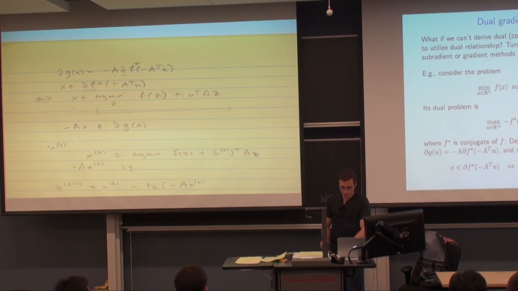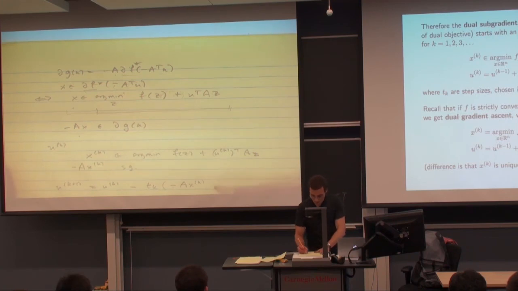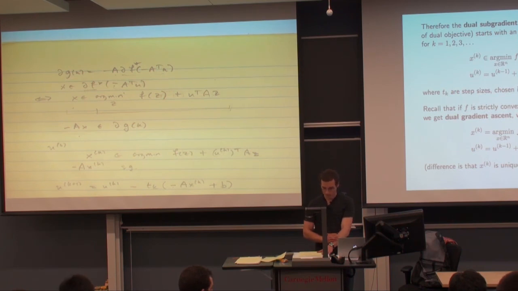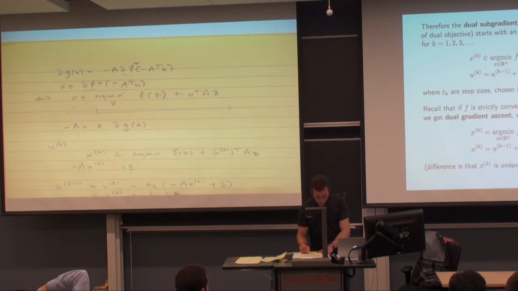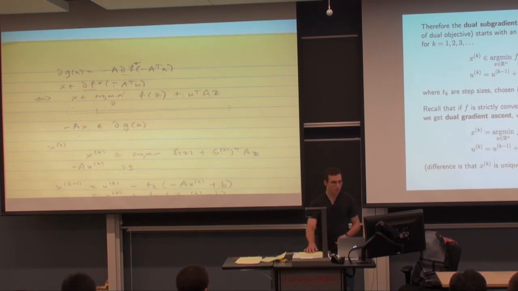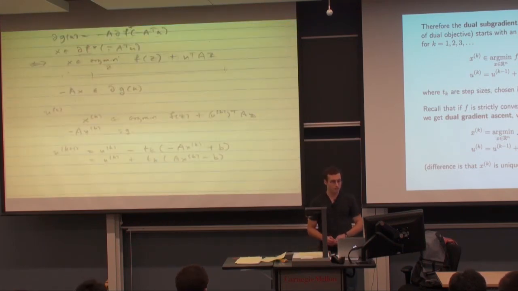So I have to put that in here too. It ends up being a plus b. So I can just write that like this: u_{k+1} = u_k + t_k (Ax_k - b).